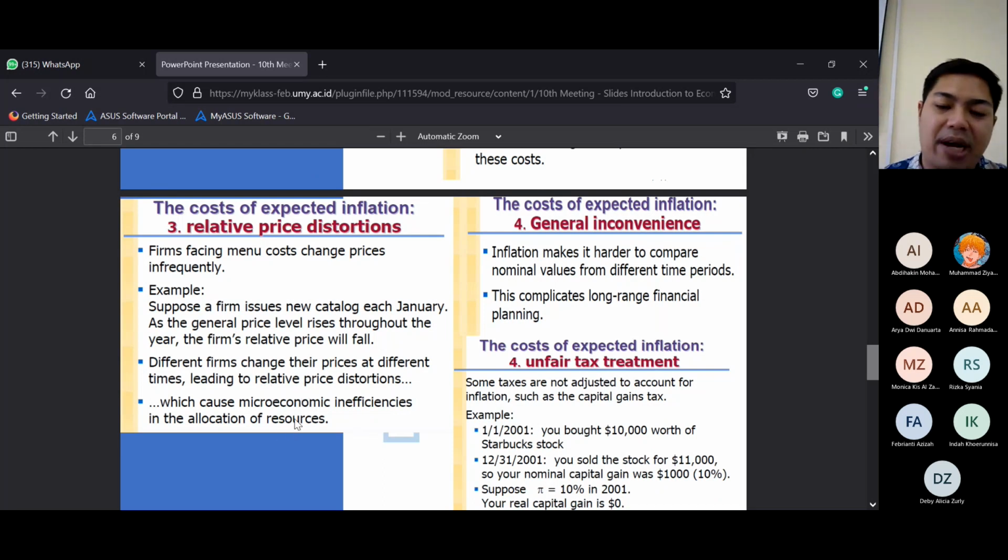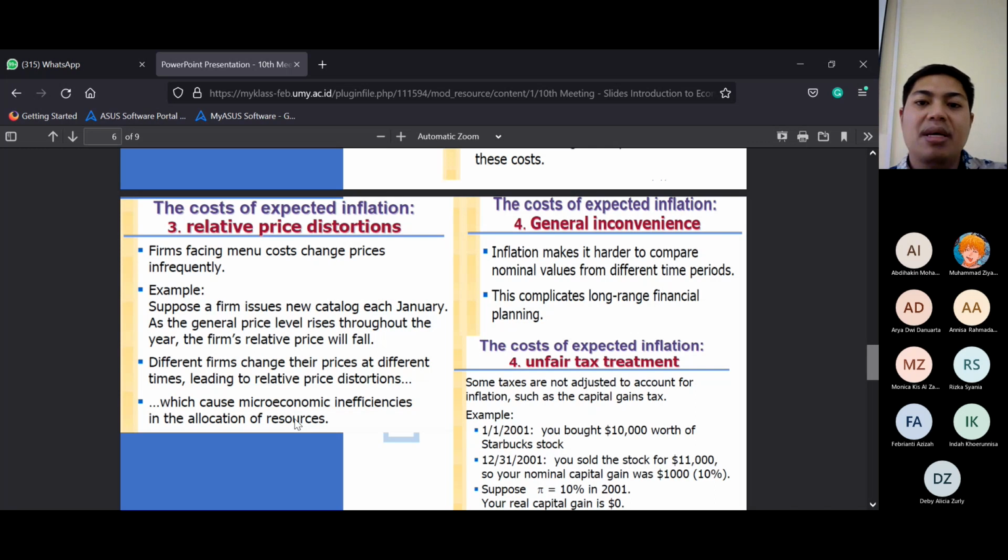Because prices are always changing, it is very difficult for people affected by inflation to map labor and the production process. So the allocation of resources becomes inefficient.